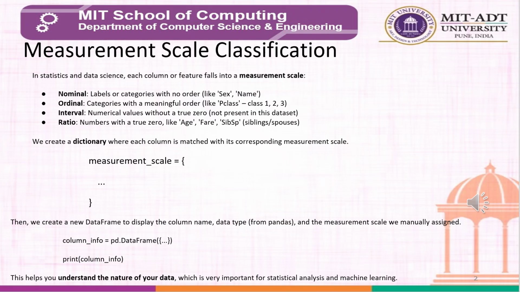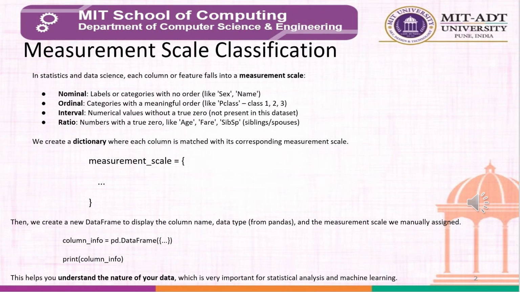We create a dictionary where each column is matched with its corresponding measurement scale. So this is the syntax to write a measurement scale. Here the dots represent how we are representing the data with other types. We'll see in the next slide how to write a measurement scale classification.